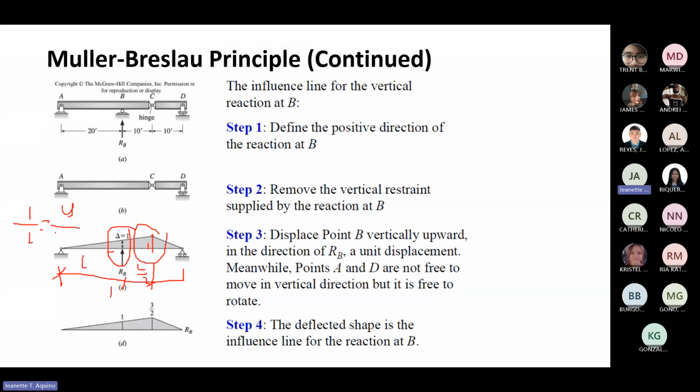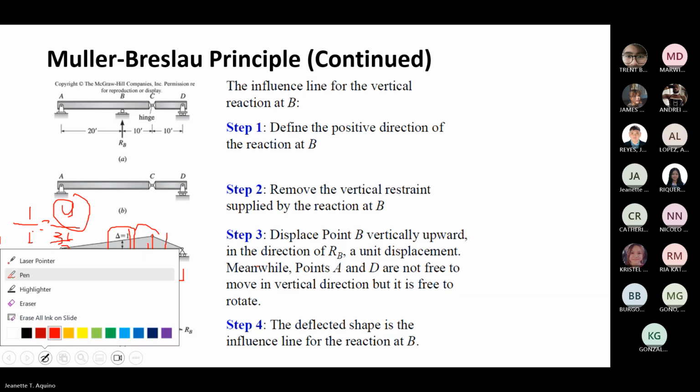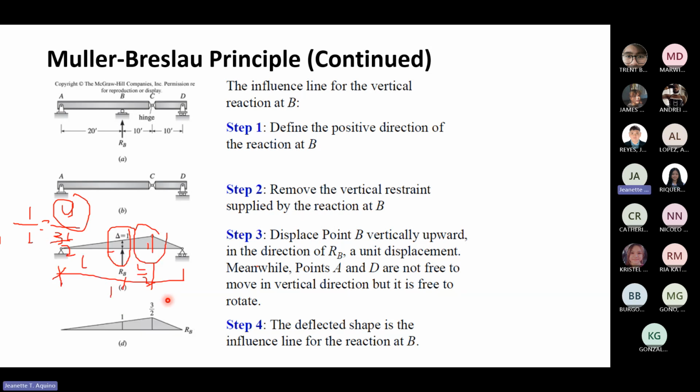Then you can solve for Y, because you know L, the beam length. So Y is 3 over 2. The deflected shape is the influence line for the reaction at B.